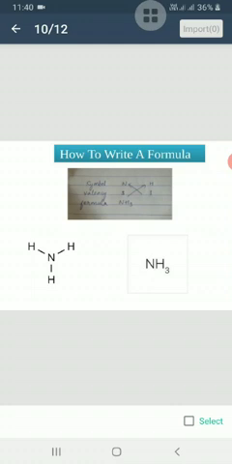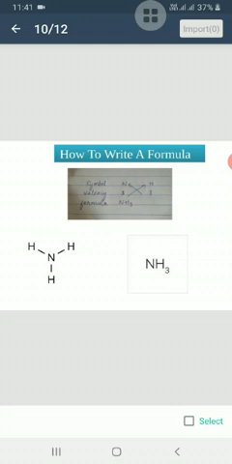The valency of nitrogen is 3 and that of hydrogen is 1, so 3 atoms of hydrogen will combine with 1 atom of nitrogen. The valency of nitrogen is 3, and the valency of hydrogen is 1. Then we have to interchange the numbers obtained and write them at the base as subscripts to get the formula.